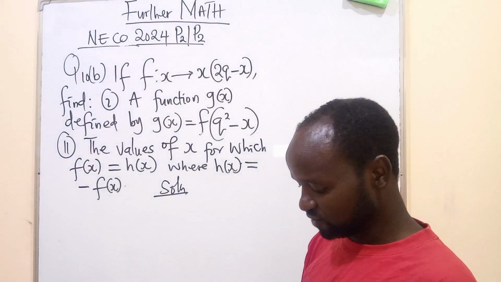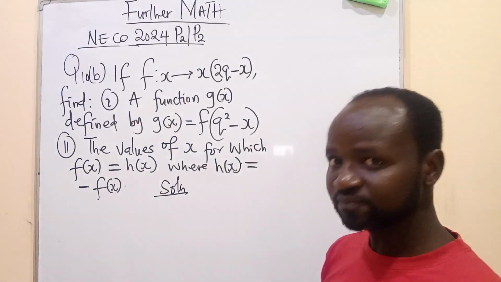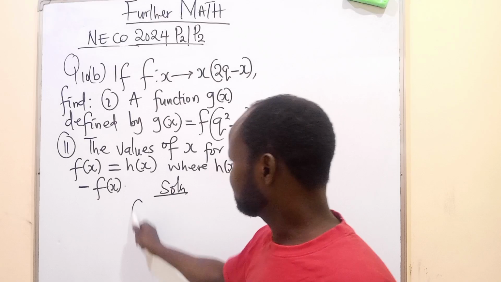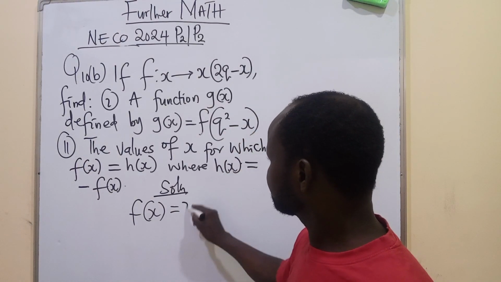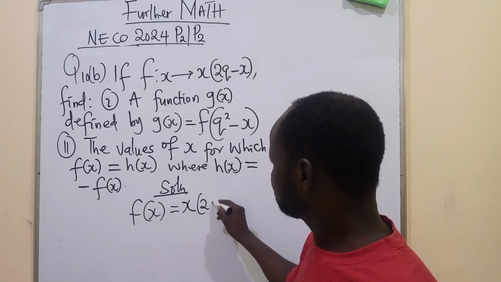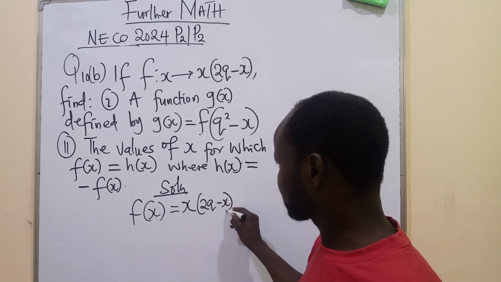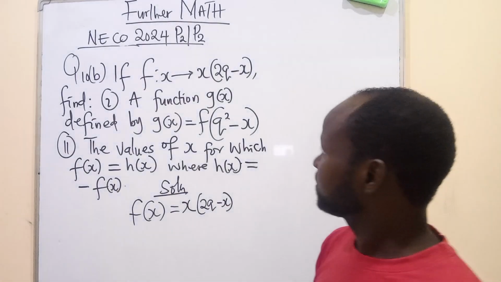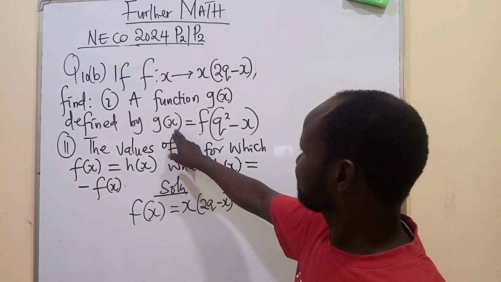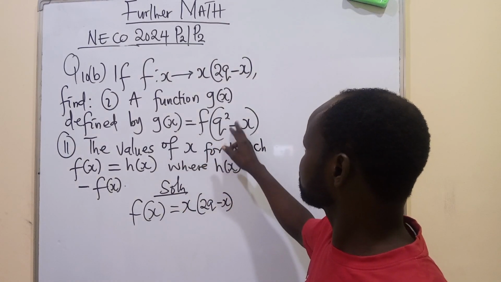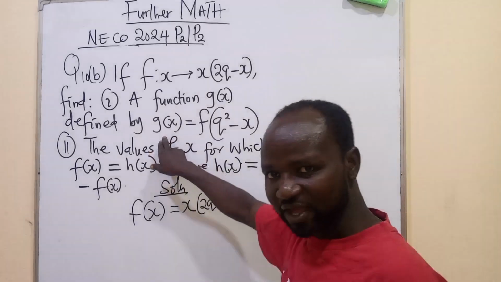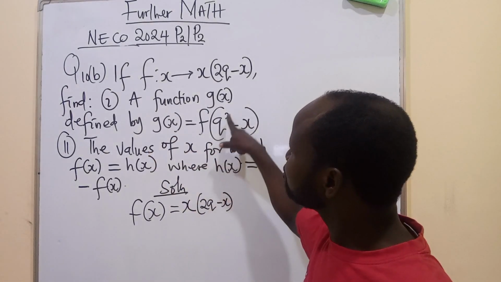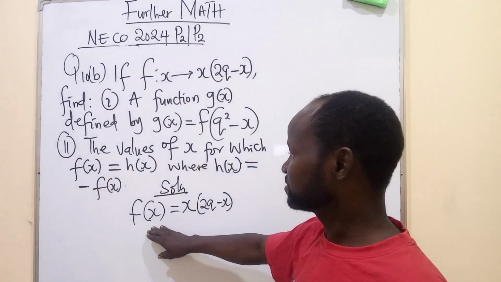The function that was given to us in the question is f of x equals x(2q − x). And we are told that g of x is equal to f(q² − x). It means for us to find g of x, we have to plug q² − x into this function.